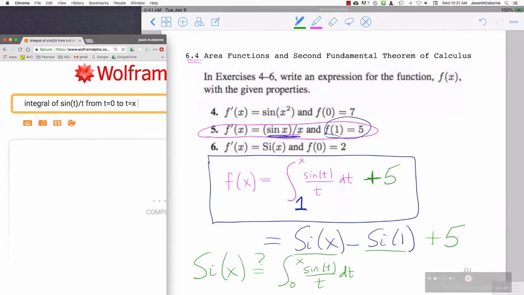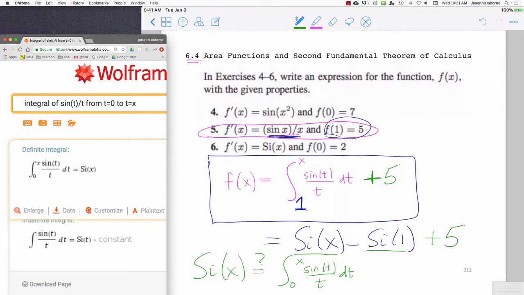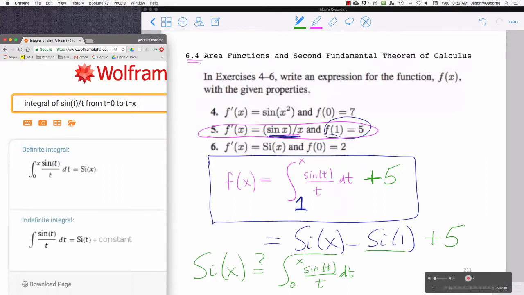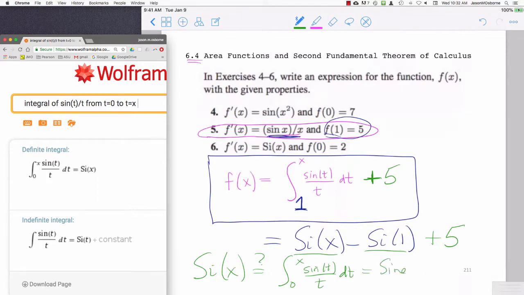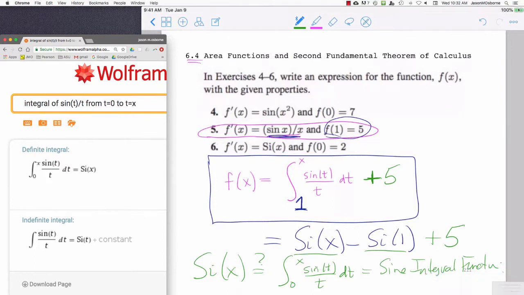The integral of sine of t over t from 0 to x, that is the meaning of SI of x, which is the sine integral function. Okay, and those are two typically stated problems from the textbook in section 6.4.